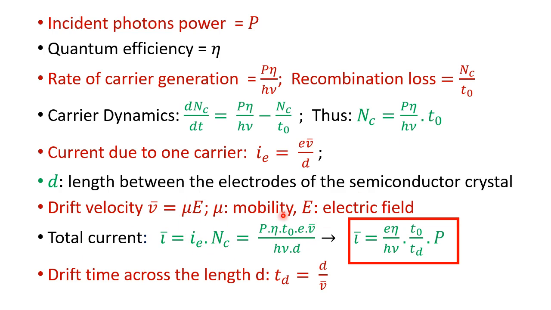So one can rewrite this in the following form: my total average current is simply charge times the quantum efficiency by h nu, which was coming from our generation rate itself, and T naught by Td clearly comes out as the proportion of the charge carriers that make it as current, times the power in the input photons.